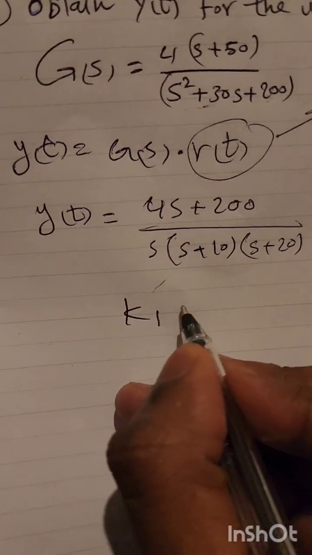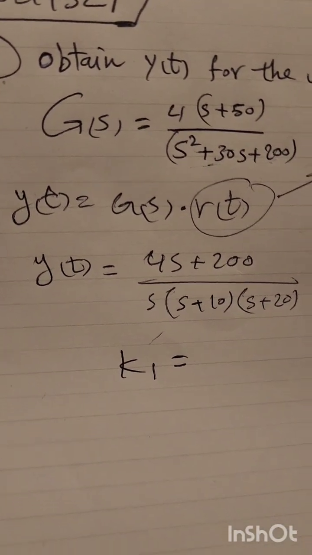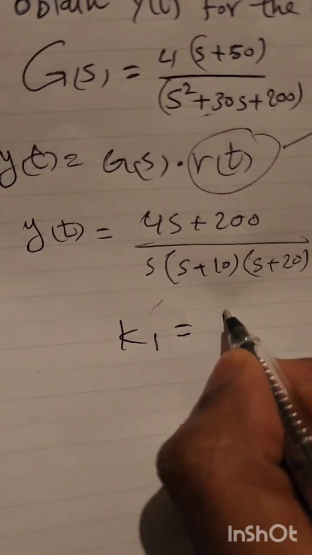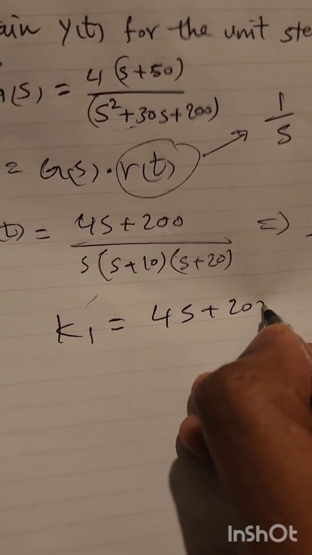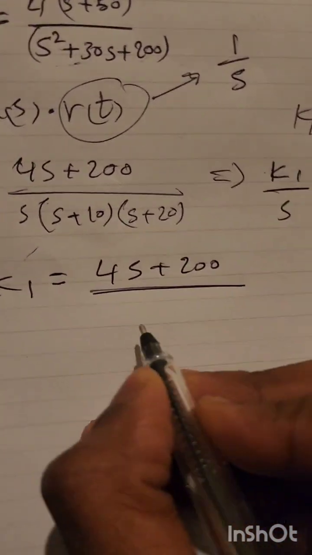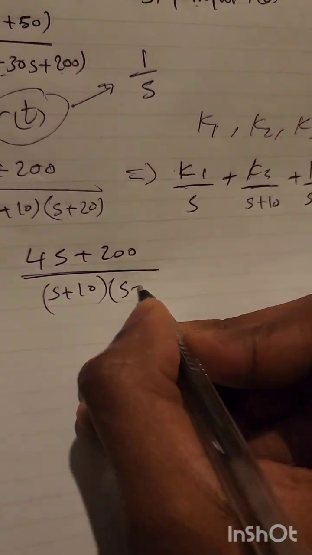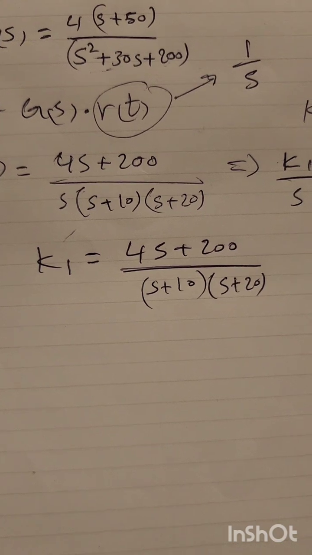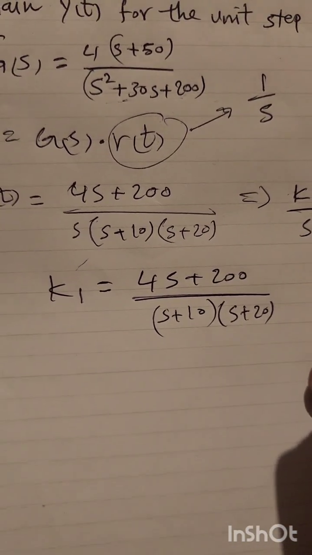We are going to remove the s in the first equation, so it's going to be (4s plus 200) over (s plus 10) multiplied by (s plus 20), and let's consider s is equal to 0.